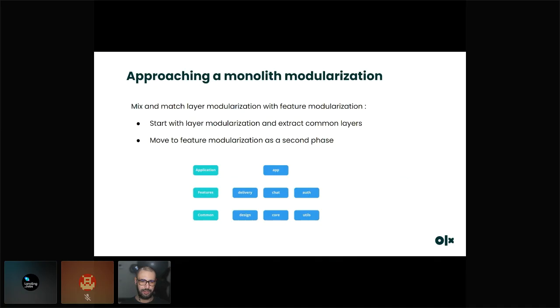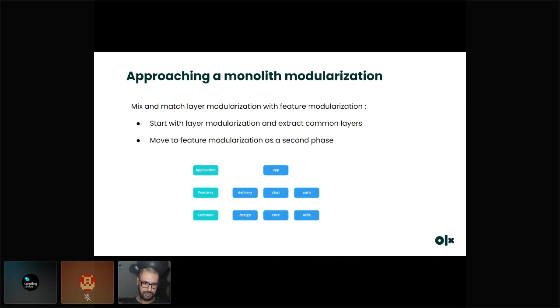For example, after analyzing the project, what we needed to have in common was definitely the design system. That's something that needs to be common, accessible to all the feature modules. You can also extract all the helpers, the core interfaces, the core models. For example, the things responsible for identifying the user identity that you have.